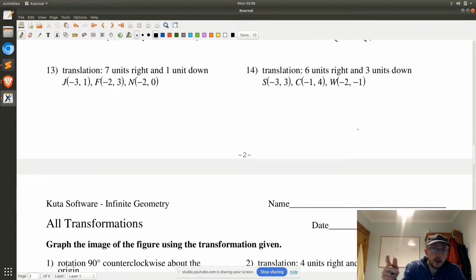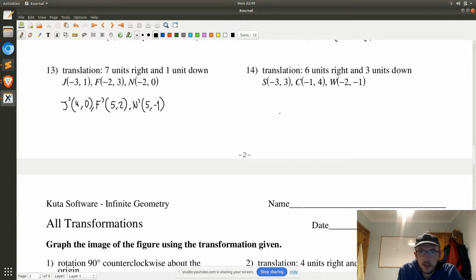Translation: 7 units to the right, 1 unit down. Okay, so add 7, take 1. So translation: 6 units to the right, 3 units down, add 6, take 3.